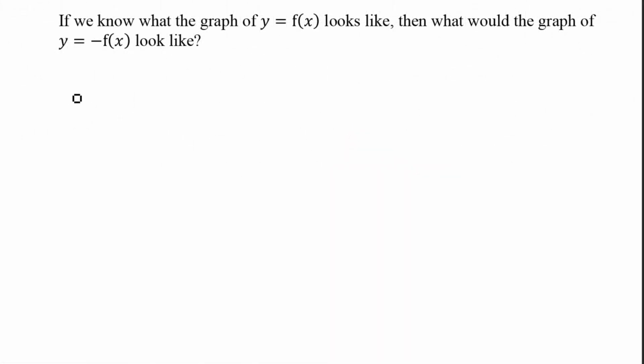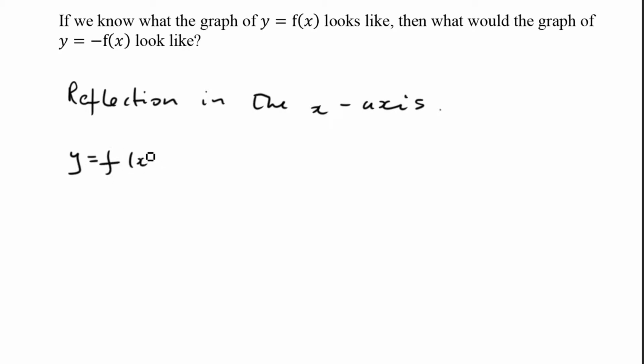So therefore we have a general rule that to go from y is f of x to y is the negative of f of x, what we have is a reflection in the x-axis. However, it is more useful, instead of saying that we have gone from y is f of x to y is the negative of f of x, to rewrite the final form in the form negative y is f of x.